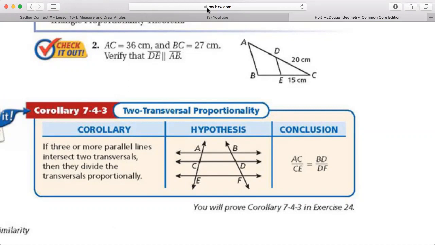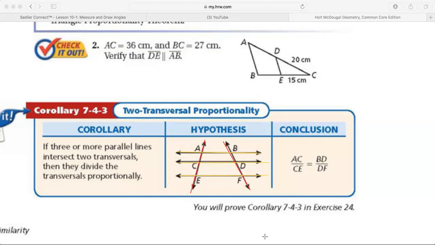Let me color them so they will be clear. So the two transversals are AE and BF. And the three parallel lines are AB and CD and EF.